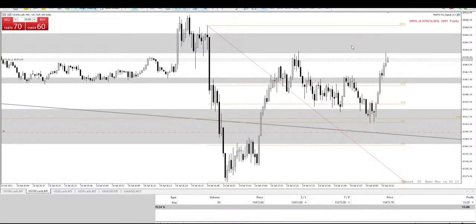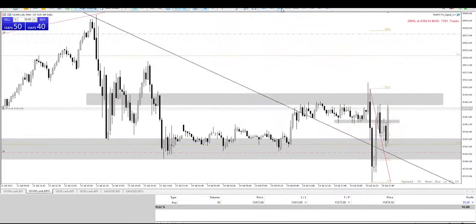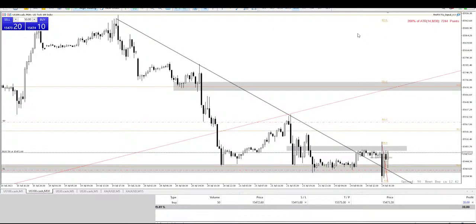I'm hoping I could get another entry. Did anyone else take this trade?